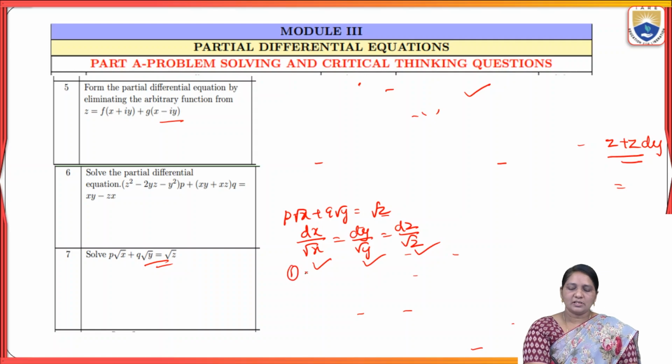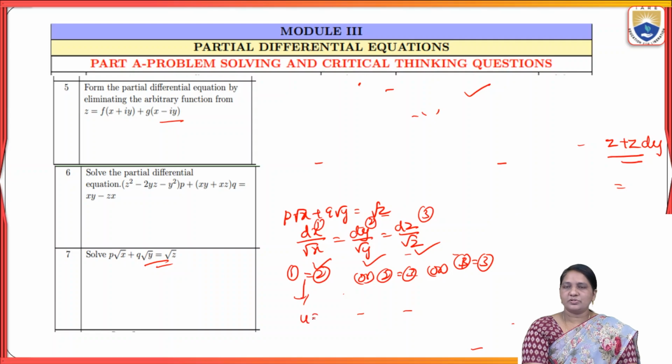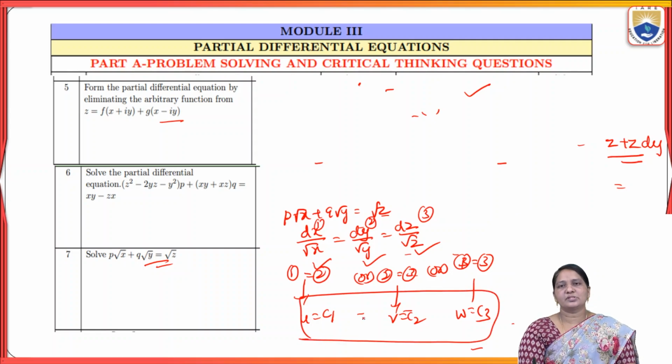This is the 1, this is the 2 and this is the 3. We can take 1 equal to 2, or 2 equal to 3, or 1 equal to 3. So we can get all solutions, that is u equal to c1, v equal to c2 and w equal to c3. Any 2 solutions we can consider to get the final general solution.